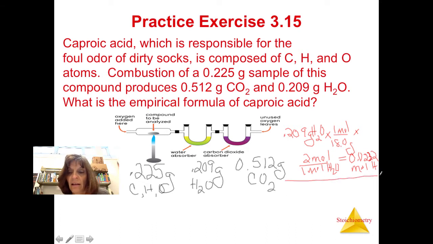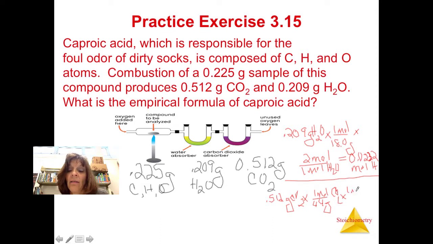Then we can find out how much carbon we have. Start with 0.512 grams of CO2. And I'm going to change that to moles. I always want to work in moles. Haven't done this in a while, so apologize for my handwriting on the tablet.